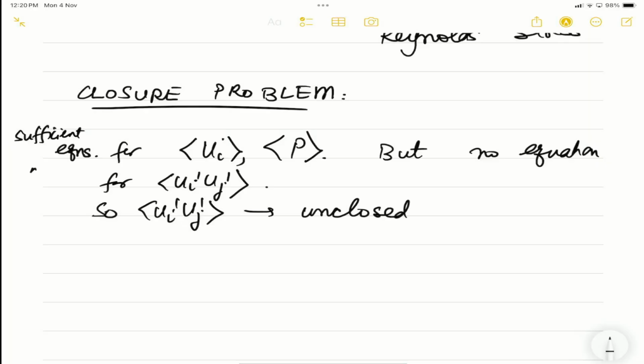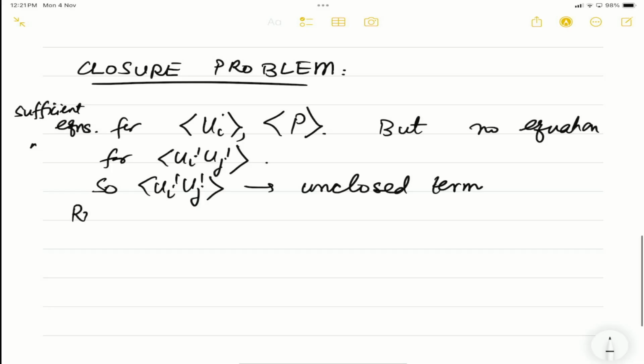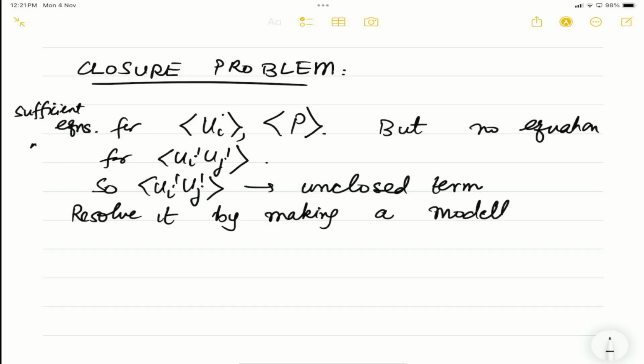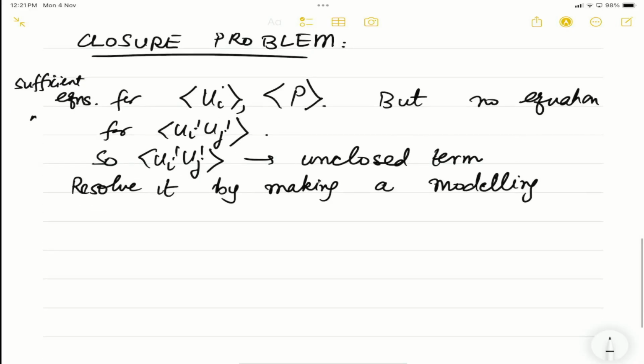This is what we call the unclosed term, and we resolve it by modeling, expressing it.